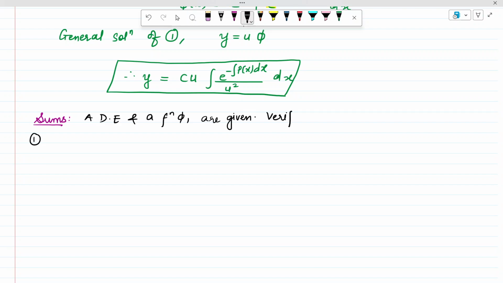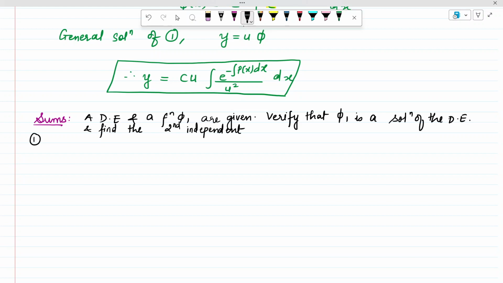Verify that phi 1 is a solution of the differential equation and find the second independent solution. So here your work has been made easy in the Coddington book. One solution is already given. You are expected to find the second one, and you have to verify that the one which is given to you is actually a solution.